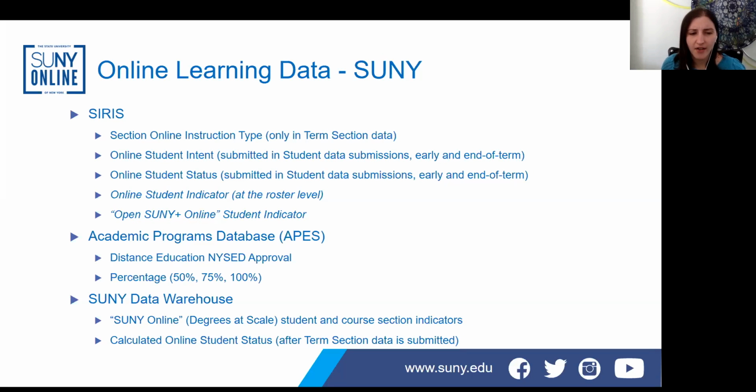There are a couple of other fields that we've added into Cirrus at various points that we don't rely upon as much just because they're not consistently reported and we haven't really emphasized them. Putting them here just so that if anyone from IR is on the call, you're not confused as to why I'm not talking about those. They do exist, but we just don't utilize them as often.